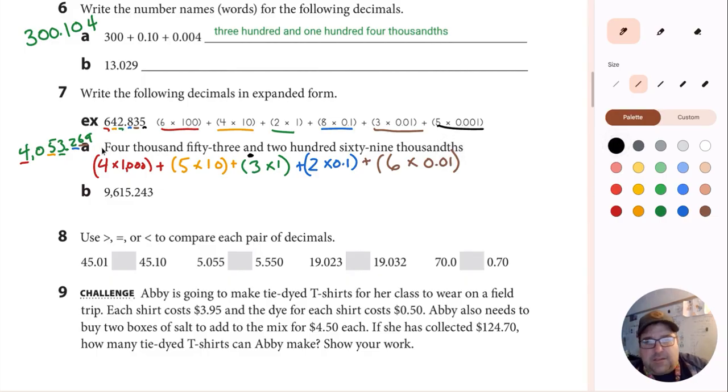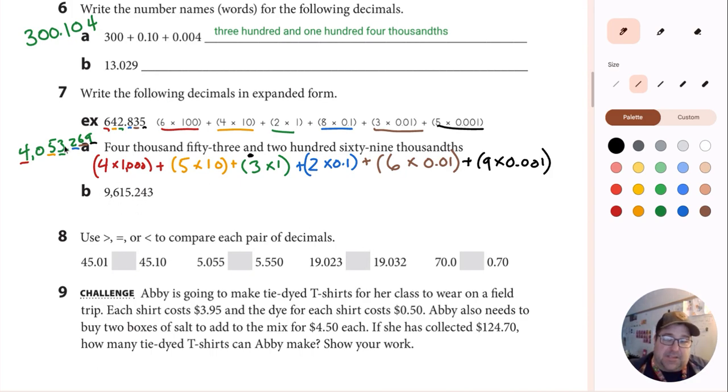And then lastly, we get a 9, and that's in the thousandths spot. So just like that. Cool. And then do the same down here.